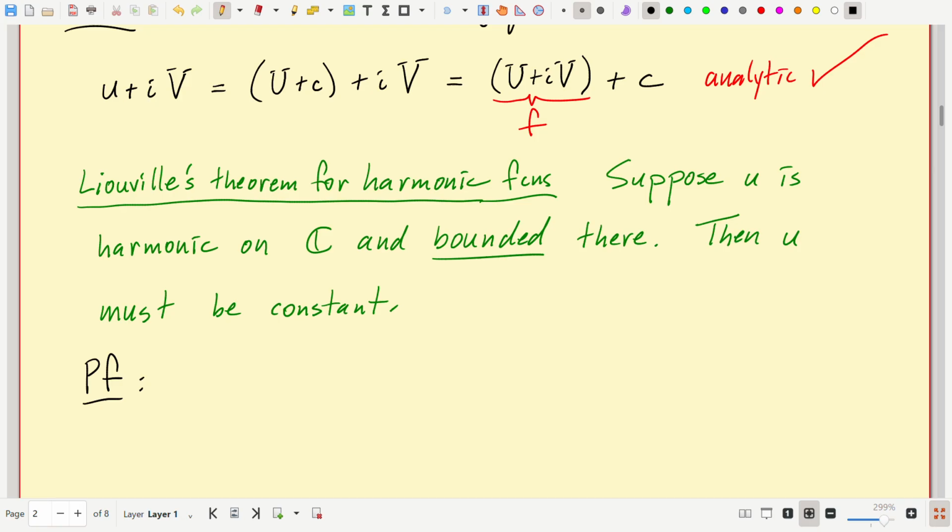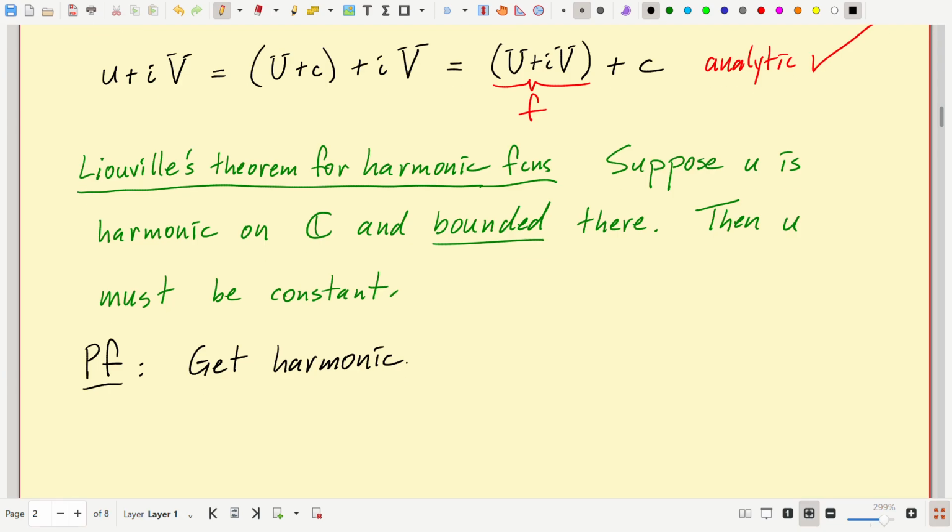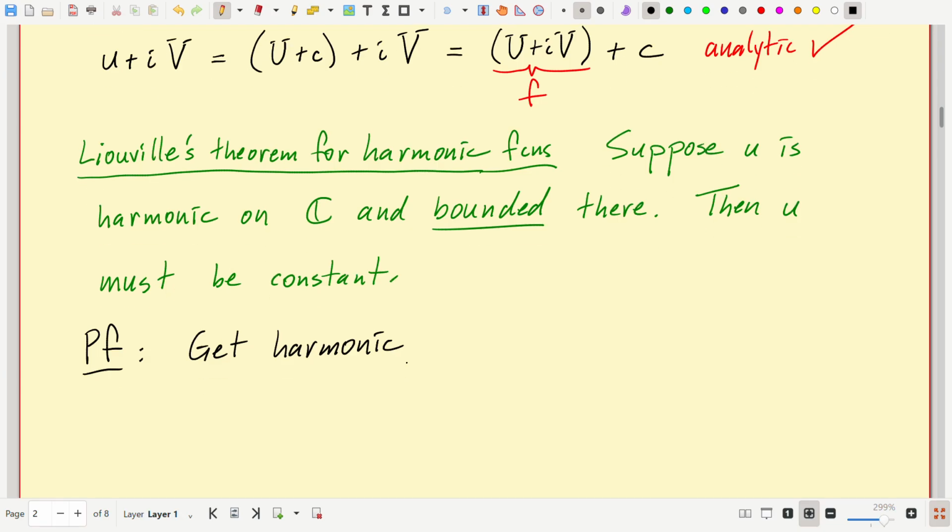Let's get a harmonic conjugate. I did this calculation using calculus on the whole complex plane, but I could use the theorem I just showed you.